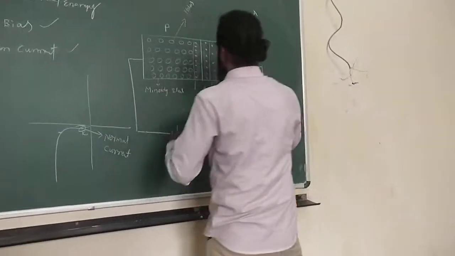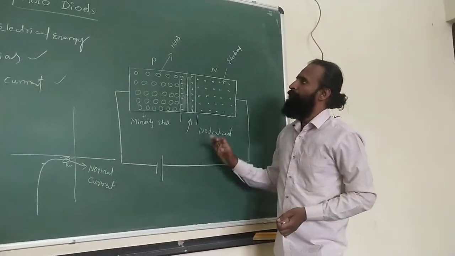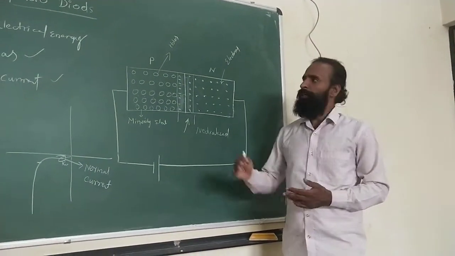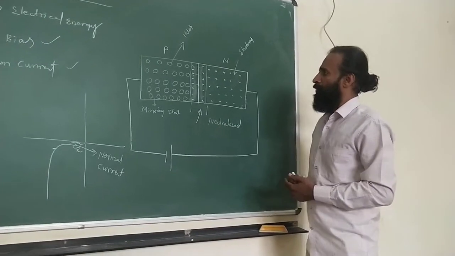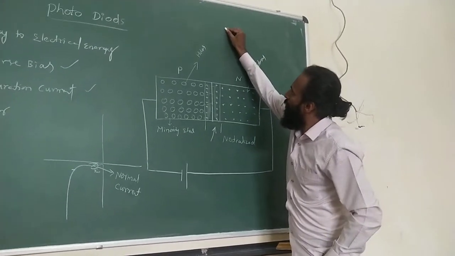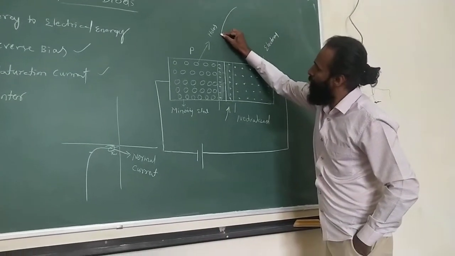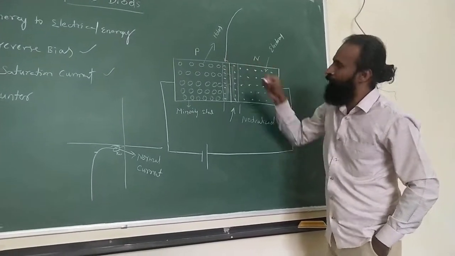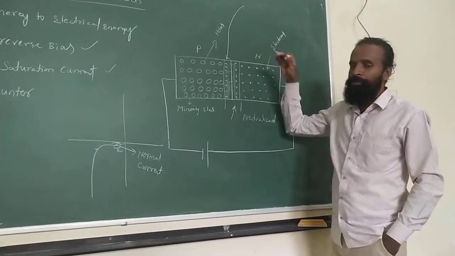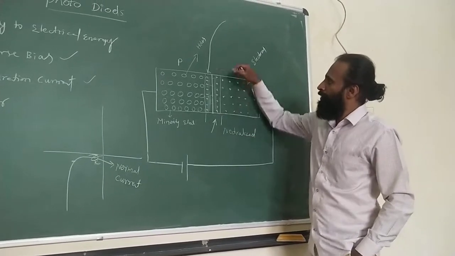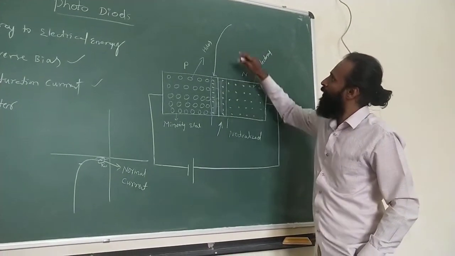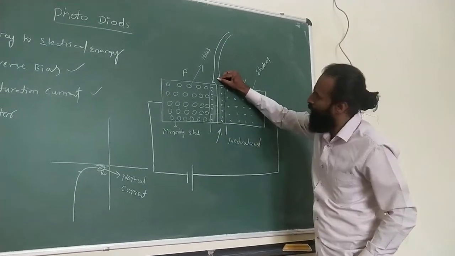Now suppose this is the simple device and you have to make it a photo detector or photodiode. What you have to do is let light energy fall into the depletion region. What falls is a photon, that is light energy.